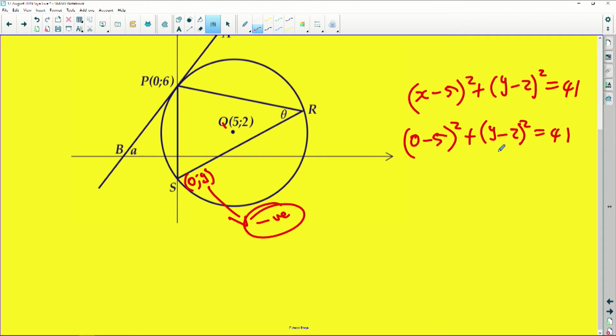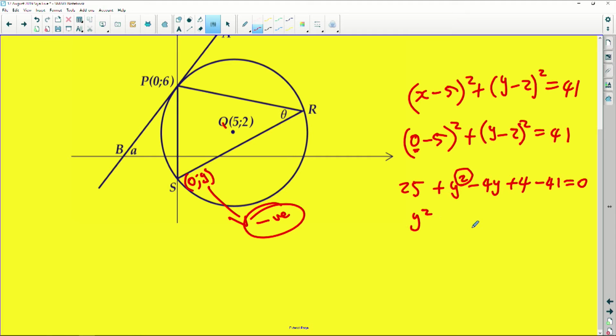And that's what I want to find: the y value that corresponds with this 0. So this will be the 25, and then plus, if you FOIL this out, y squared minus 4y plus 4, minus 41 is equal to 0. Remember, immediately you see a squared, it means that you must write it in standard form where you equate it to 0 so that you can factorize.